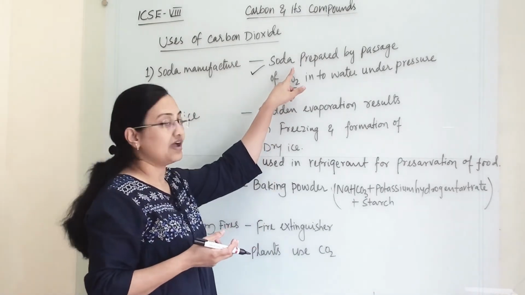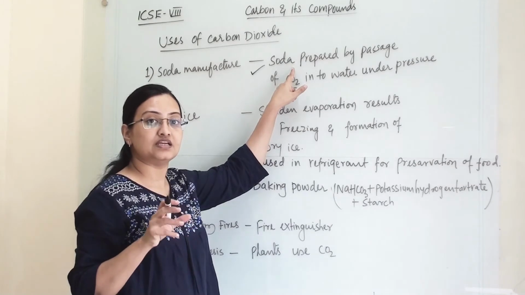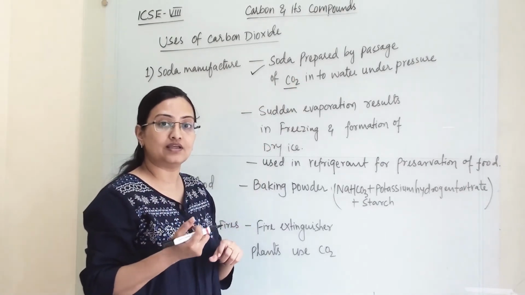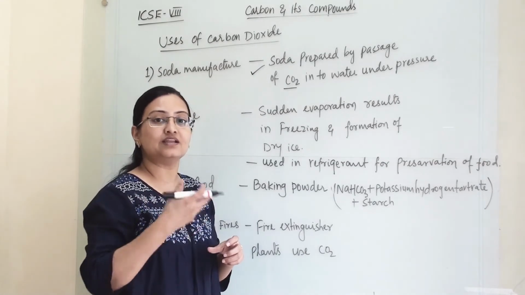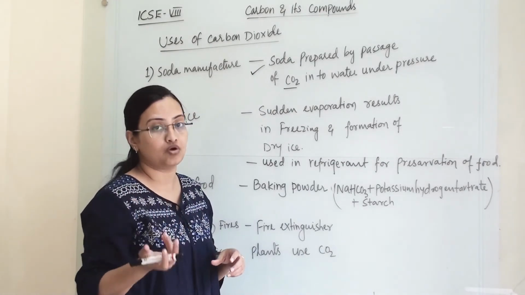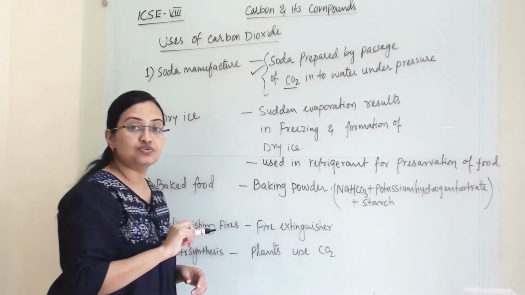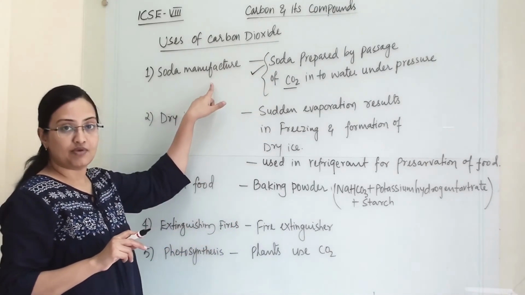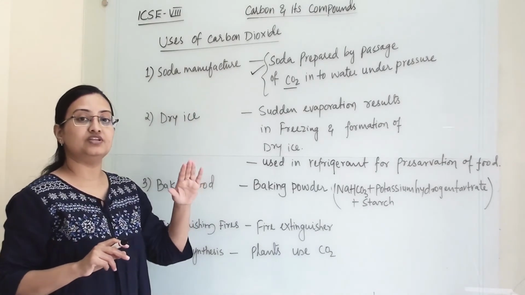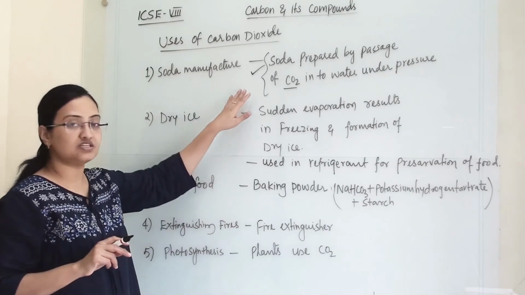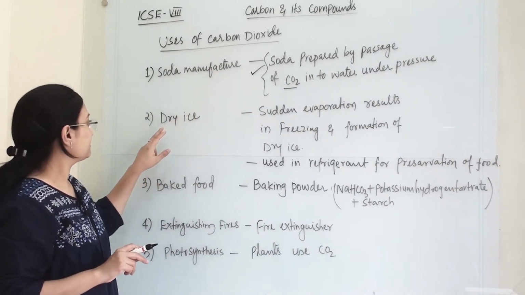Because carbon dioxide is dissolved in it under pressure. When we open the bottle cap, that pressure is released and carbon dioxide gas is evolved. Because of that we use carbon dioxide in soda manufacturing, and we know that the solubility of carbon dioxide in water is fairly high, so it is easily soluble in water.